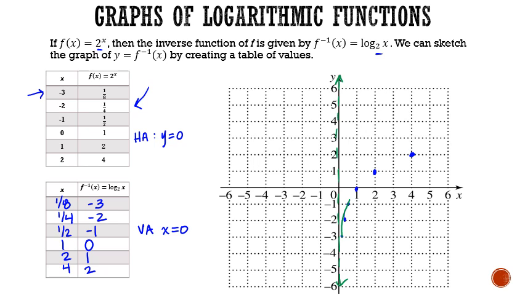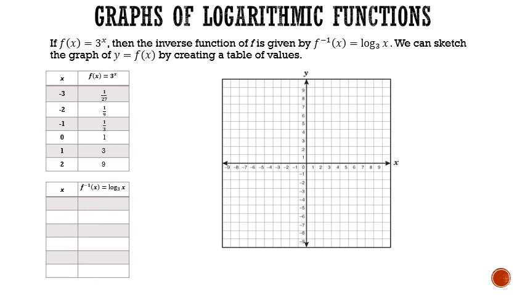So let's do it in blue. So again, if we have the points that are on y equals 2 to the x, and we know that log base 2 of x is the inverse function, all we have to do is switch the x and y values of the coordinate points, as well as the asymptote. So this is what the graph of log base 2 of x looks like.